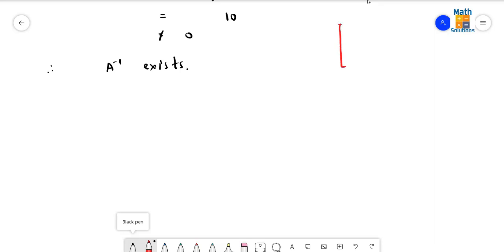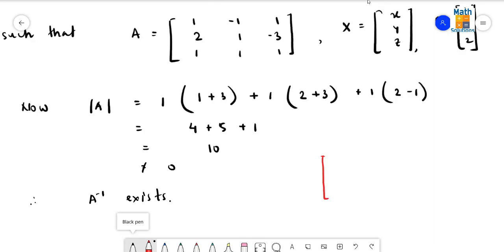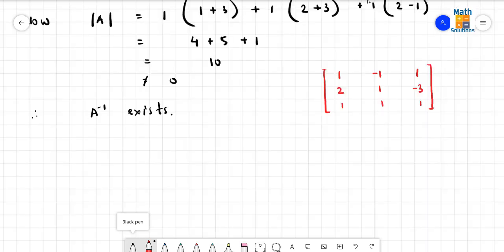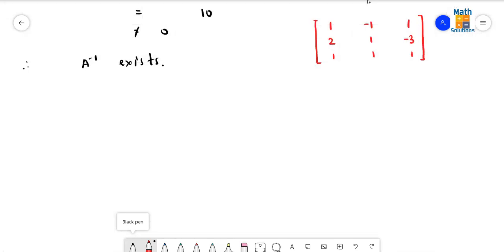Now for my convenience, I'm going to write down the matrix once here. That is what the given matrix is: 1 minus 1 1, then 2 1 minus 3, then 1 1 1. This matrix I have to use for finding out its cofactors.